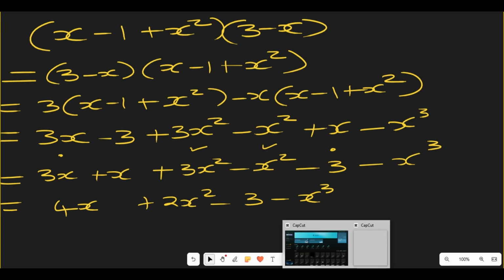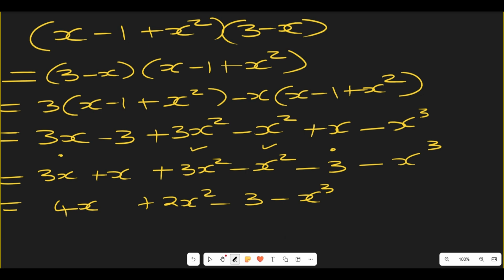Maybe you can pack it according to the powers. Let's start with the x cubed, negative x cubed, and then we follow with plus 2x squared plus 4x, and then minus 3.